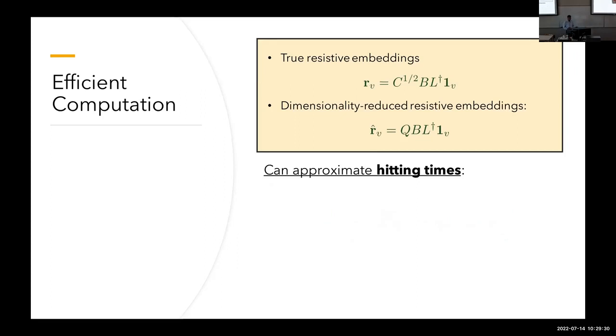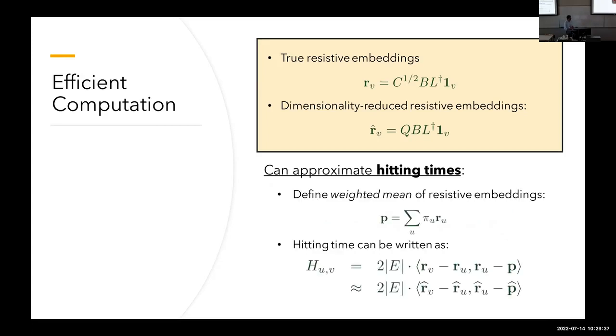And then it turns out I can also approximate hitting time. This was something that we couldn't quite find in the literature, but we were able to show that you can define some weighted mean of the resistive embedding, where this pi is given by the stationary distribution of a Markov chain.